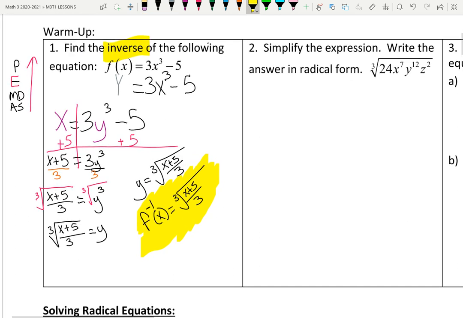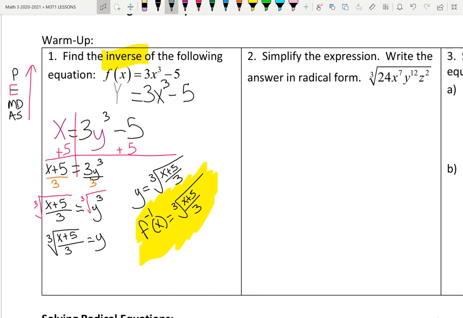Number 2, simplify this expression: the cube root of 24 x to the 7th y to the 12th z squared. For cube roots, I think of 1 to the third, 2 to the third, 3 to the third, and 4 to the third.